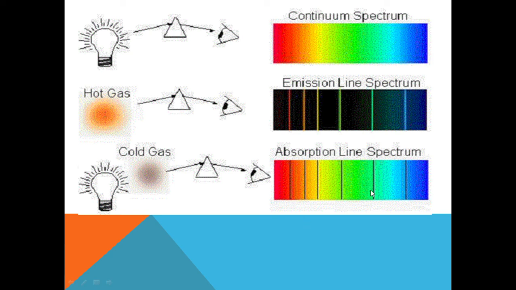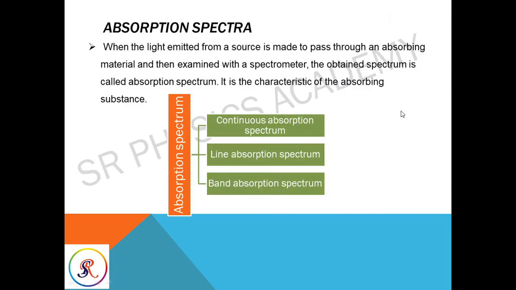These black lines show that some energy of a particular wavelength is absorbed. That is what we call the absorption spectrum. The emission spectrum means we can see different colored lines, and the background is black. There are gaps, meaning these are the colored lines emitted. So we call it the emission spectrum.